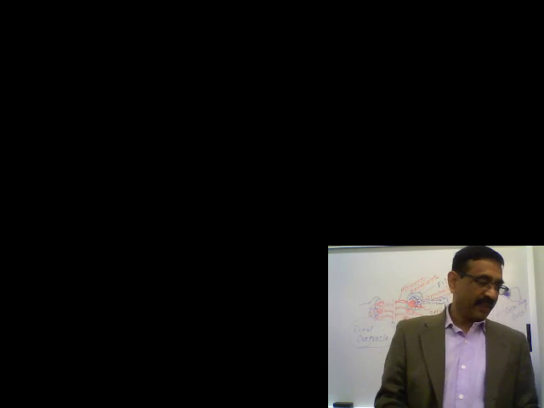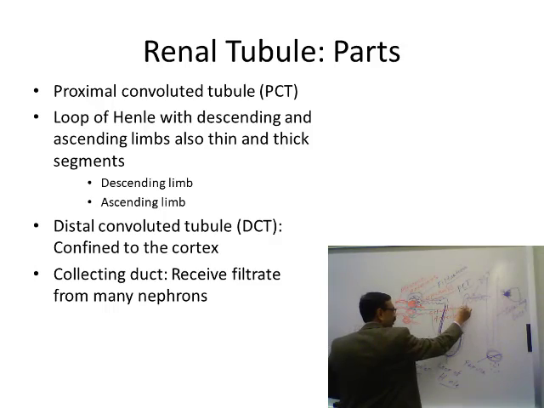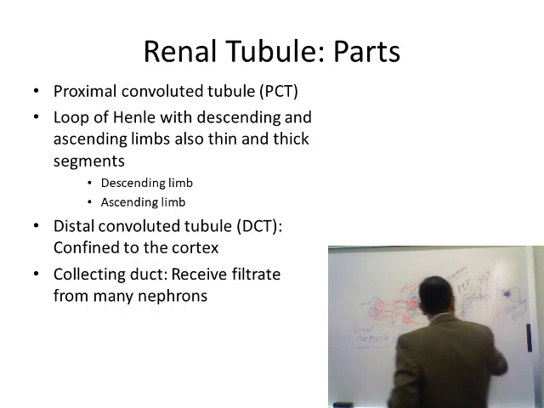What is the difference between cortical and juxtamedullary nephrons? You see, this is one nephron I showed you, and another nephron I am going to show you here in green color. Bowman's capsule, proximal convoluted tubule, then the loop of Henle, distal convoluted tubule, and the collecting duct.